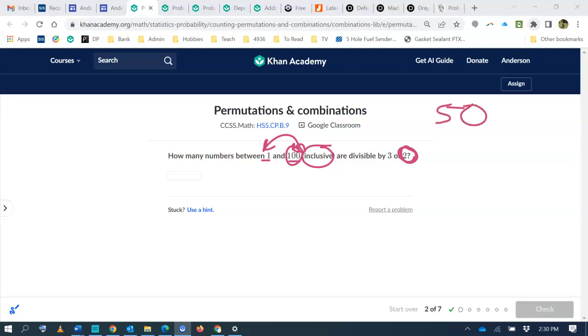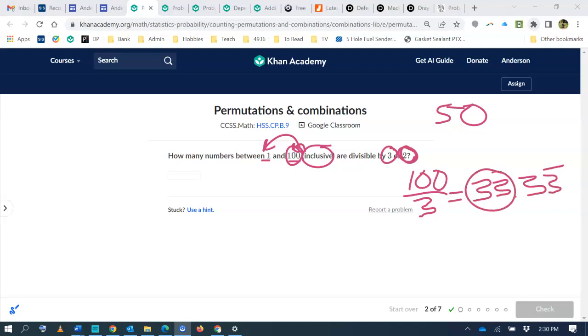Then let's go through and figure out how many numbers are divisible by 3. Well, if I do 100 divided by 3, I get 33.33 repeating. So I really have 50 plus 33 numbers that are divisible by 3 or 2. However, there are some numbers that are divisible by both 3 and 2, and that is every set of 6. So 6, 12, 18, 24, 30, 36, so forth, all the way up.